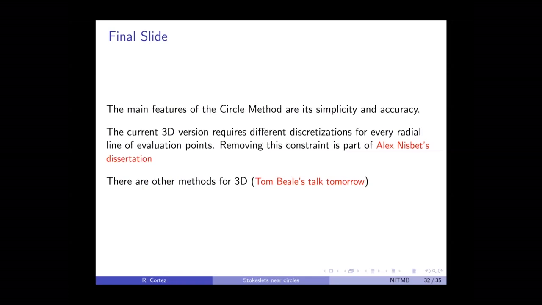You showed a graph of the error using the circle method. So I'm wondering if that error is related to the radius of the circle or the location of the circle. Yeah, the error is not related to the location of the circle.